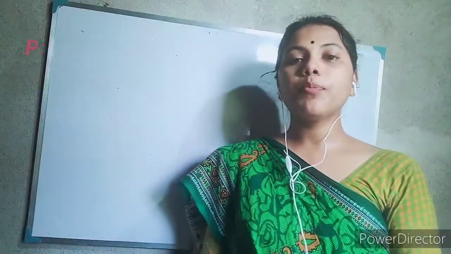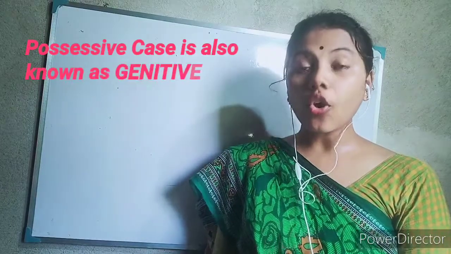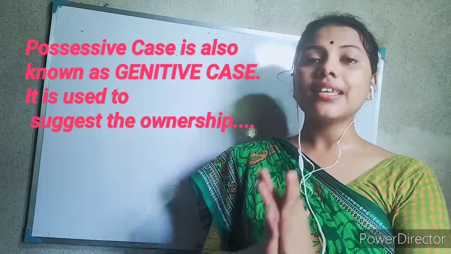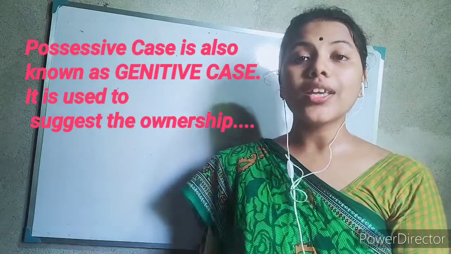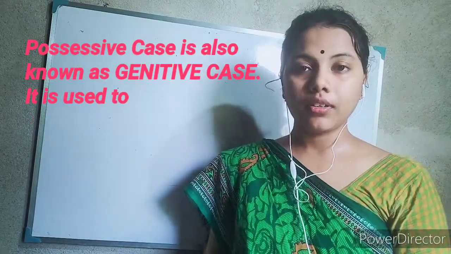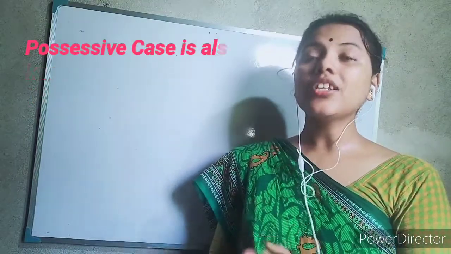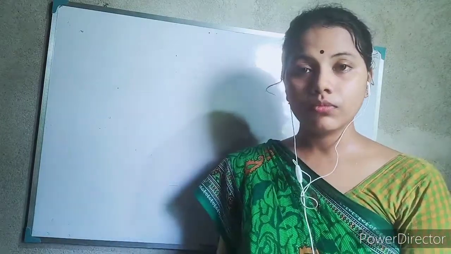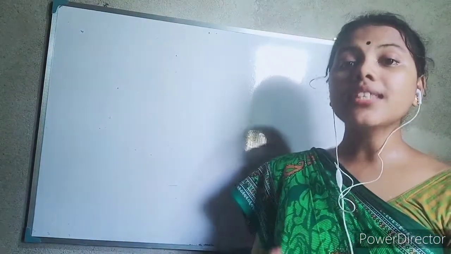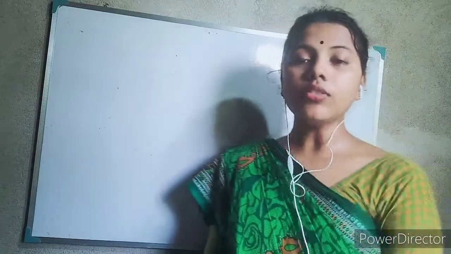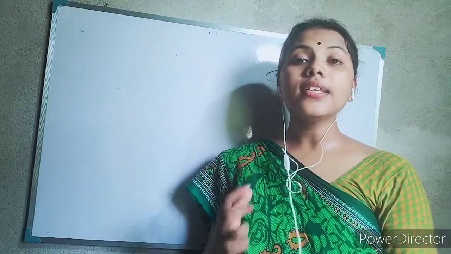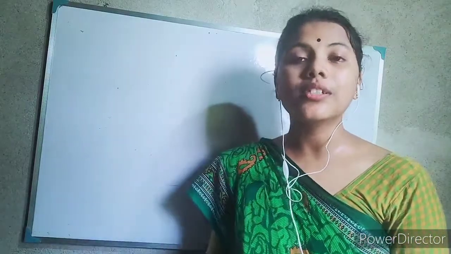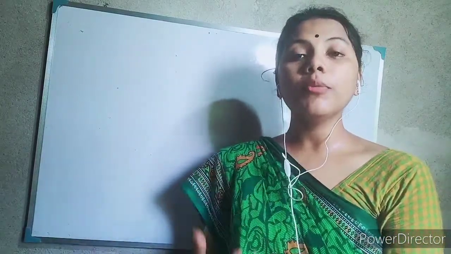The last one is possessive case, which is also known as genitive case. Possessive case is used to suggest ownership, meaning it is used to suggest which thing belongs to whom. If I say this book is mine, you see here mine is the possessive case because it is used to suggest the book's ownership. Who is the owner of this book?